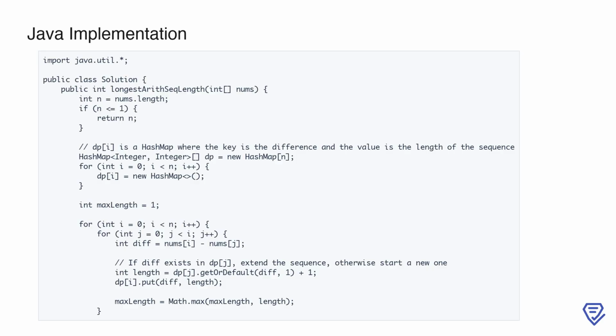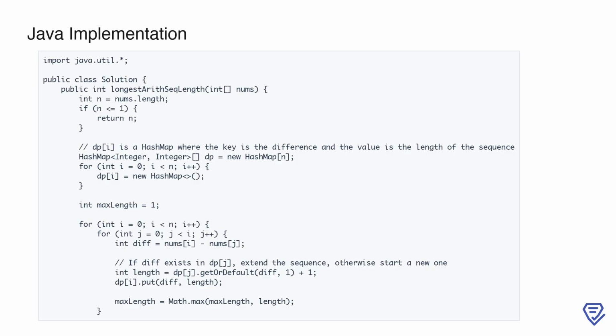We define an array of hashmaps called dp, where each hashmap corresponds to an index in the input array. Each hashmap stores key-value pairs where the key is the difference between two numbers and the value is the length of the arithmetic sequence with that difference ending at the current index. We initialize the dp array by setting up a new hashmap for each index in nums. We also initialize a variable, maxLength, to keep track of the longest sequence we find.